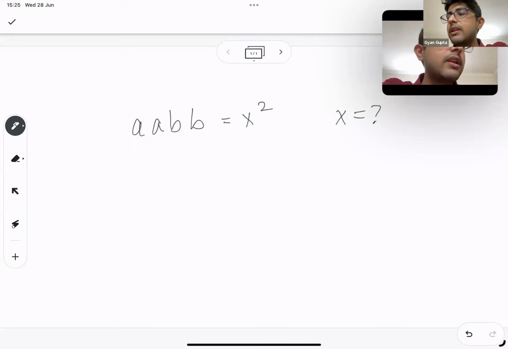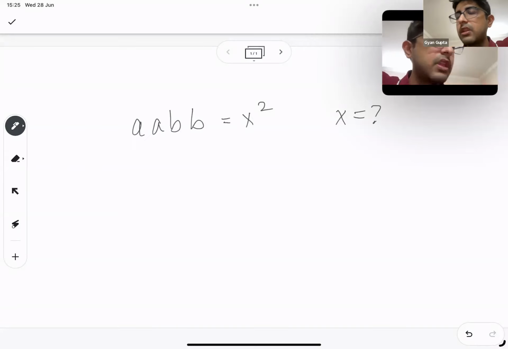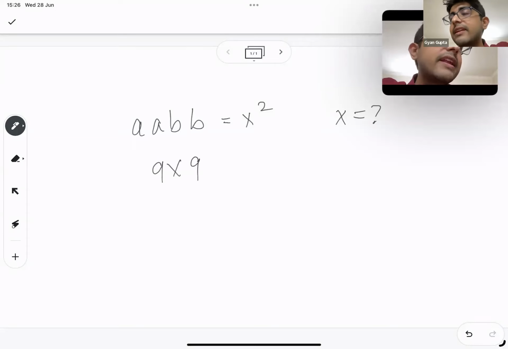All right, let's look at the solution. If we look at it from our concept of permutations and combinations, the total number of possible solutions is 9 into 9, because A can take 9 digits, 1 to 9, A cannot take 0, and B can take 9 digits, all digits including 0, but those which are not equal to A. So the total number of possible solutions is 81.